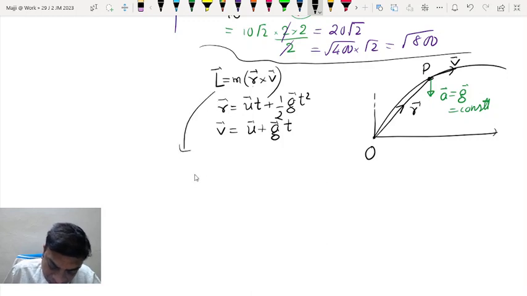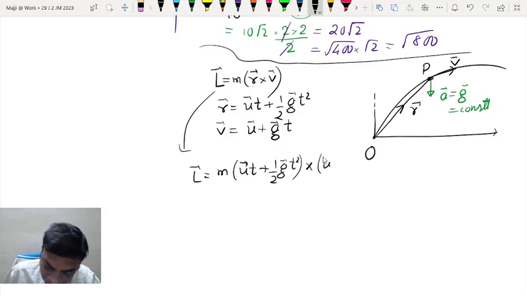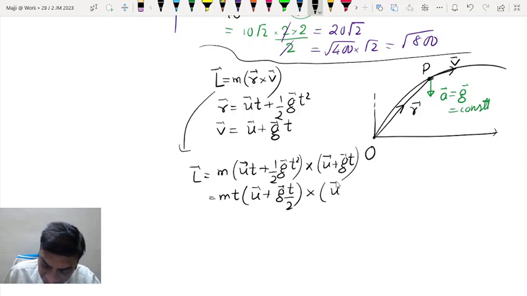So this formula gives you vector L is equal to m times vector u t plus half g t square cross vector u plus vector gt. Now t can be taken outside. We are left with vector u plus vector gt by 2 cross vector u plus vector gt.